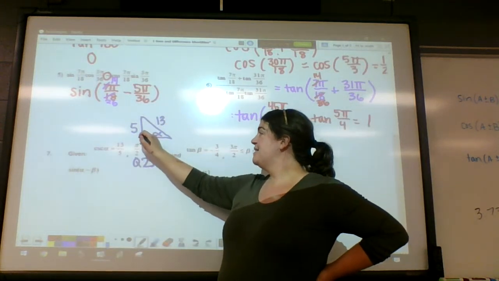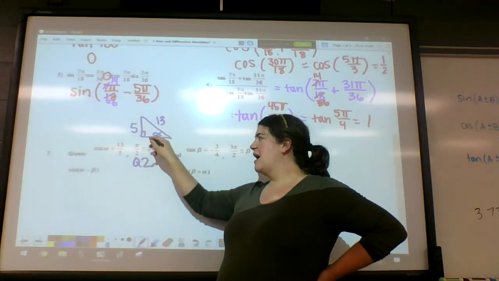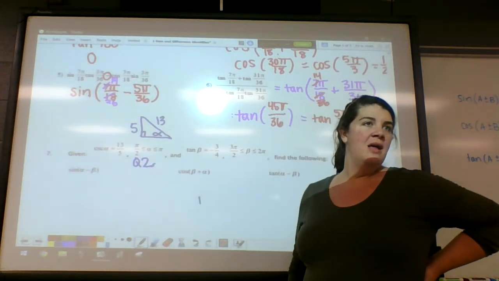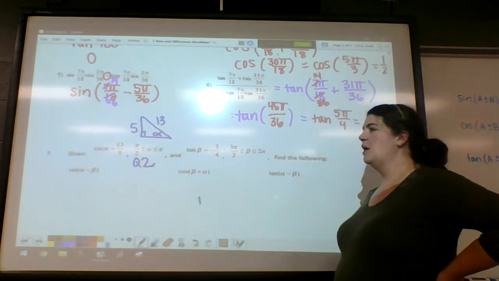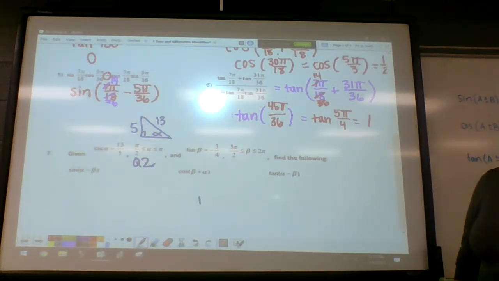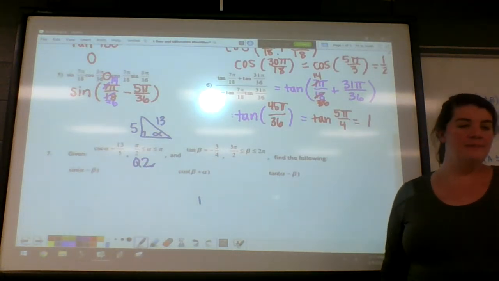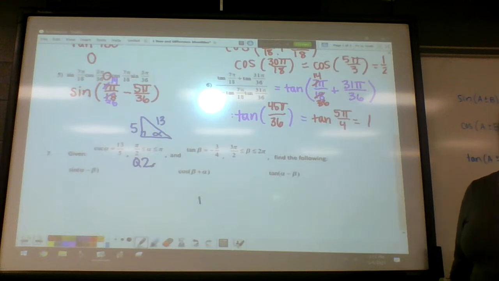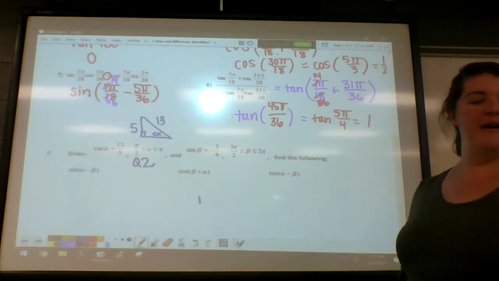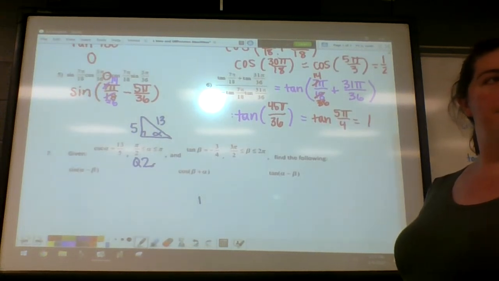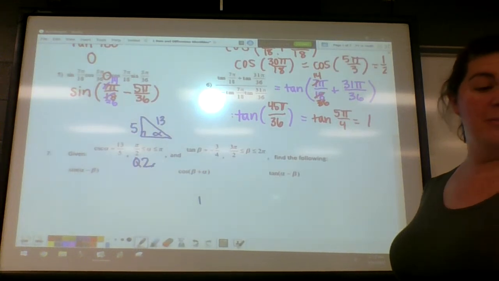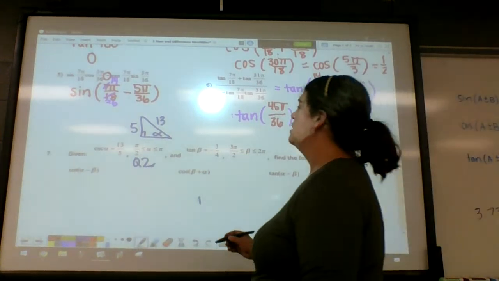Because it is a right triangle and we know those two sides, could we figure out the last side? 5, 8, 13? 5, 12, 13? Use the Pythagorean theorem if you don't remember, but it is a 5, 12, 13.